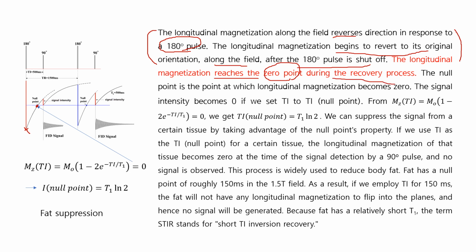The null point is the point at which the longitudinal magnetization becomes 0. We call this the null point. The signal intensity becomes 0 if we set Ti to the null point, because there is no longitudinal magnetization at this point, so we get 0 intensity, there's 0 signal.